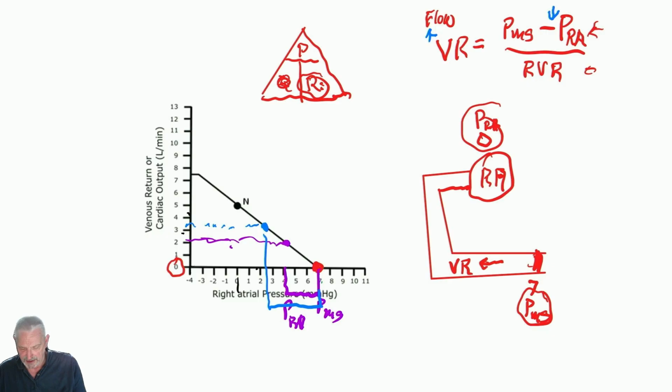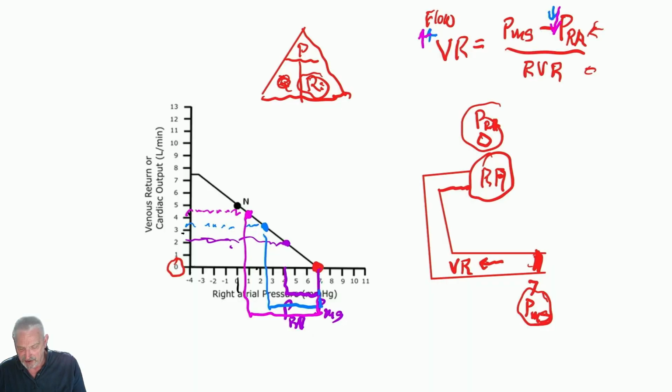Let's draw yet another dot here. Now the difference between mean systemic filling pressure and right atrial pressure is even bigger, because we've got an even bigger decrease in right atrial pressure. So we get an even bigger increase in venous return, and if we look over at the cardiac output axis, you see indeed it does increase.